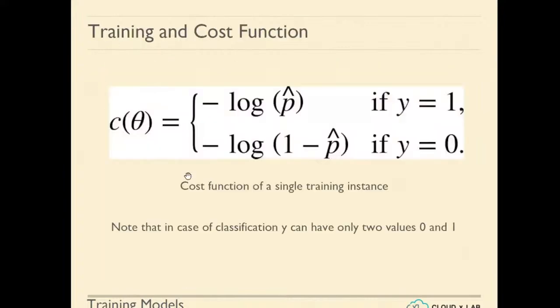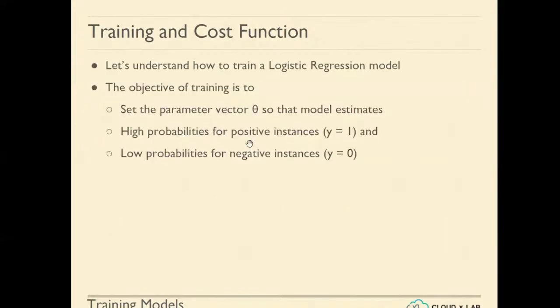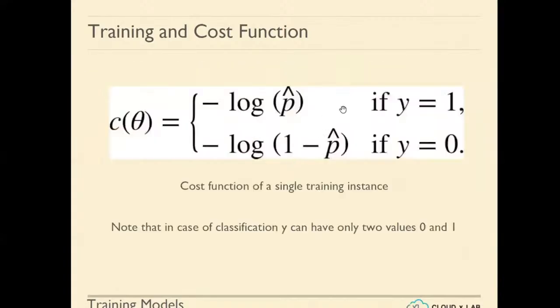So what exactly are we doing? We are taking a log function: minus log p hat, minus log 1 minus p hat. If y is equal to 1, then minus log p hat. If y is equal to 0, which means the negative class, then we are taking minus log 1 minus p hat as the cost function, right?